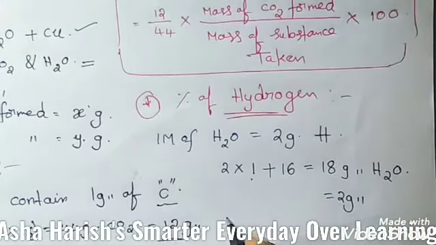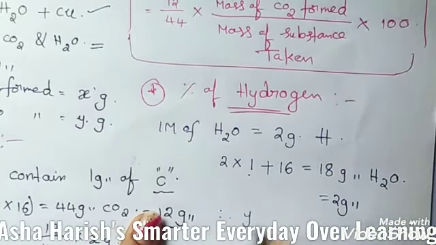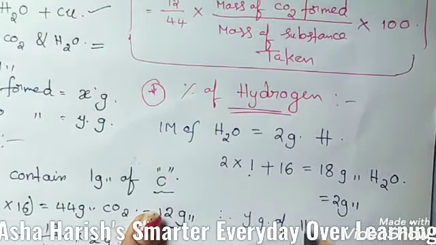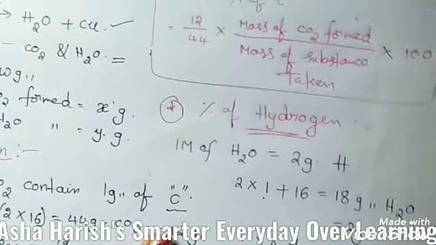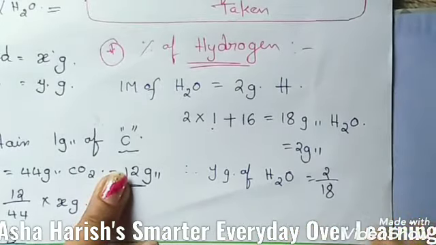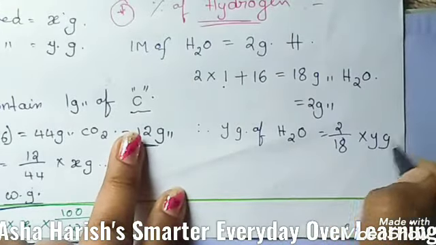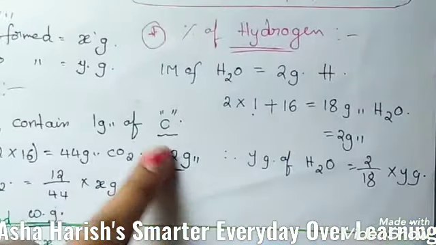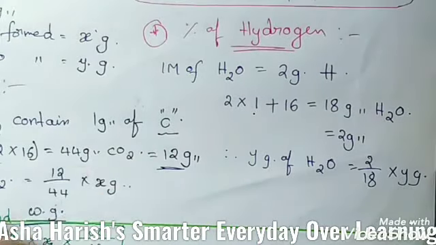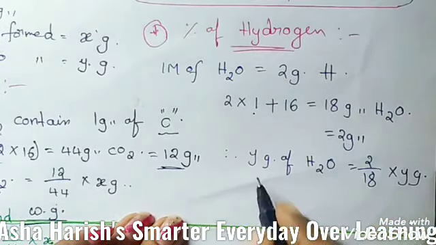Therefore Y grams of H2O contain hydrogen equal to 2 by 18 into Y grams. This is the mass of hydrogen in W grams of the compound.